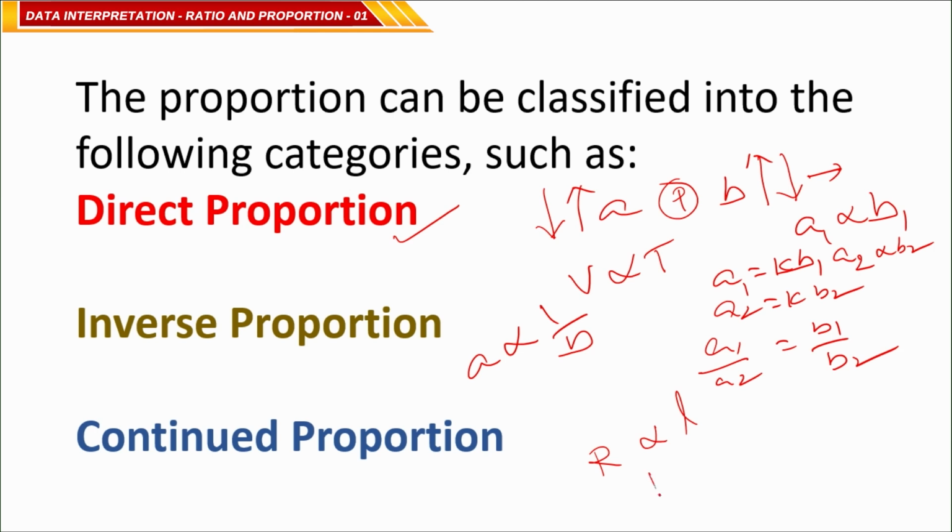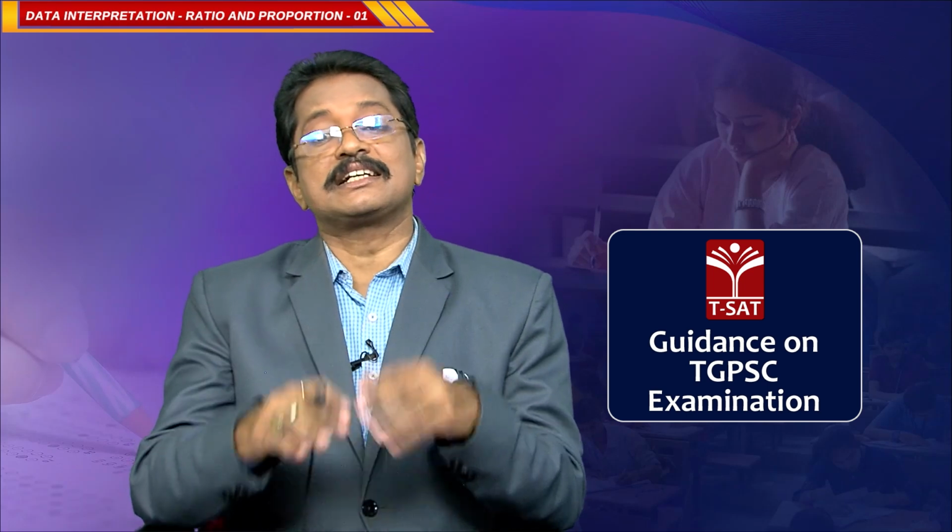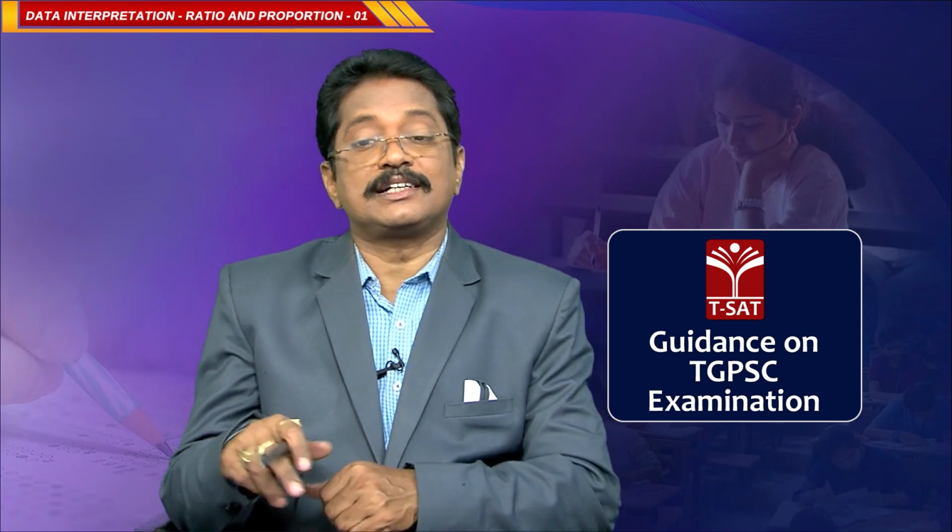Okay, and R is proportional to 1 by A. As the cross-sectional area of the conductor increases, the resistance decreases. So one quantity increases, the other quantity decreases.